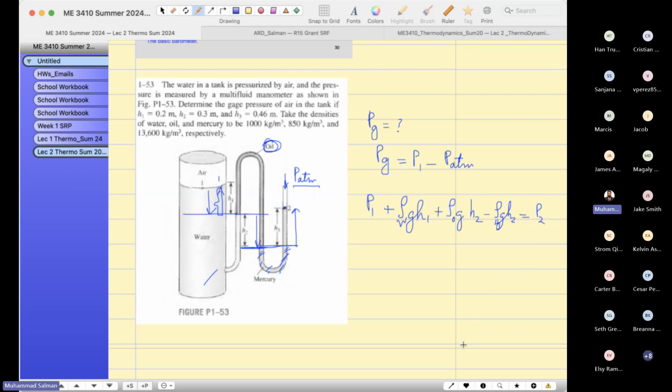This is how you do the math for everything. P2 is also equal to P atmospheric pressure. And then the gauge pressure is P1 minus P atmospheric pressure, and that will help you to find out the answer.